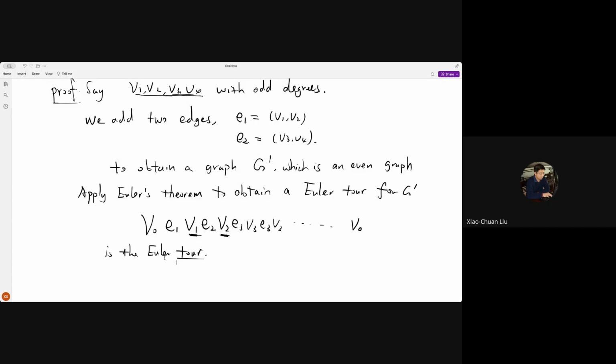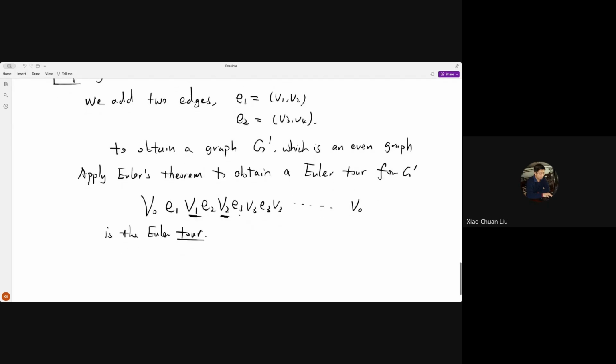So maybe it's better to write etc. Until here we have w, e1, w prime, and etc. Say u is a vertex, e2.